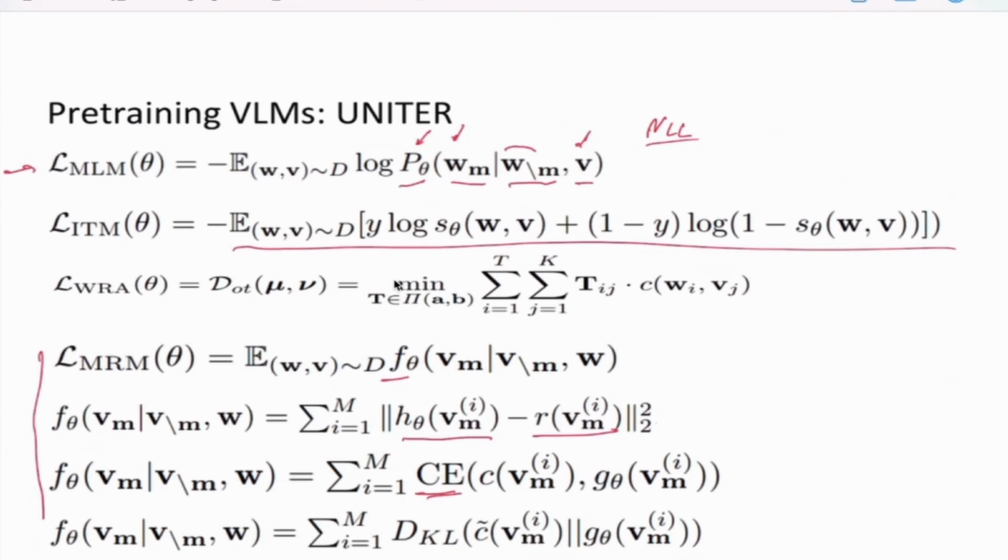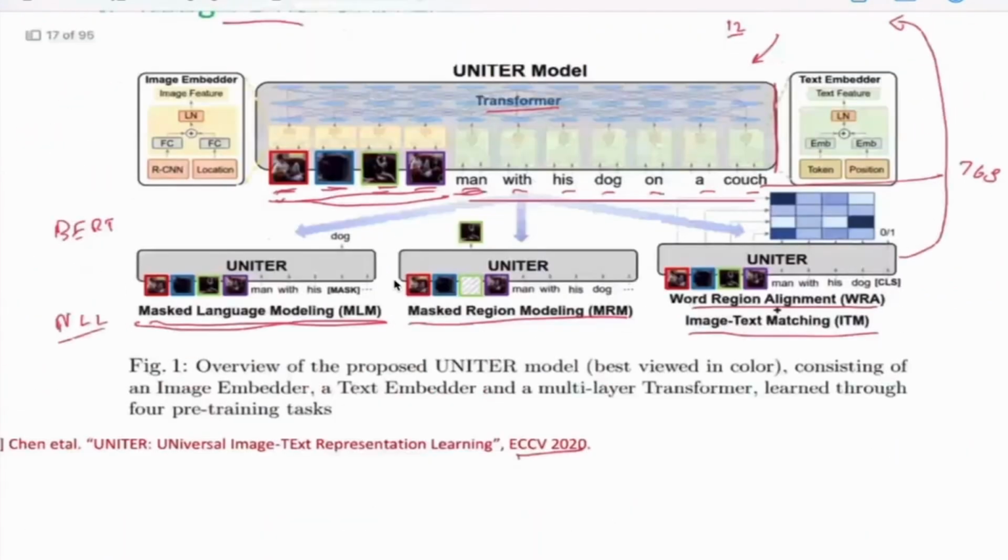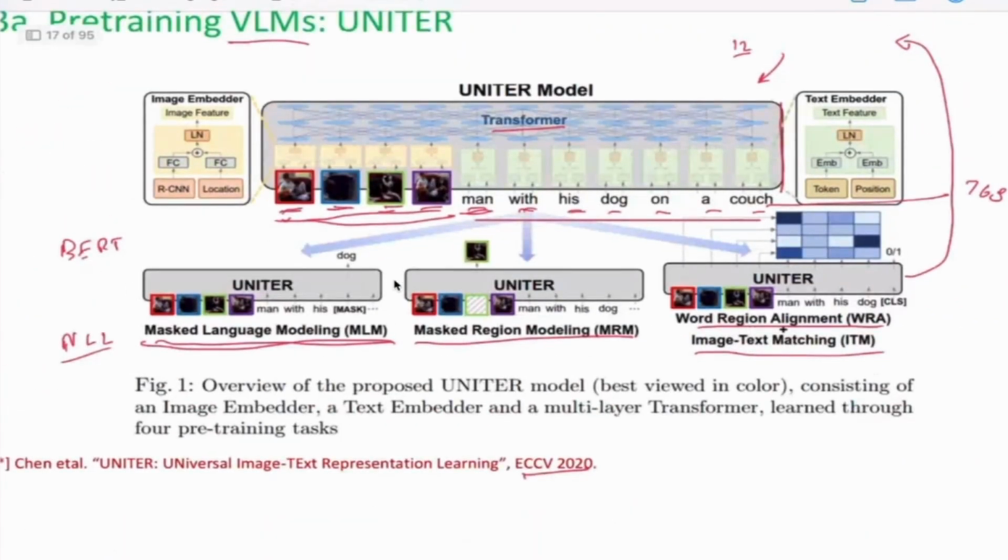Okay, so there are words and there are visual regions. These are the words which are given to you: man with dog on a couch. And there are regions which the object detector is giving you.